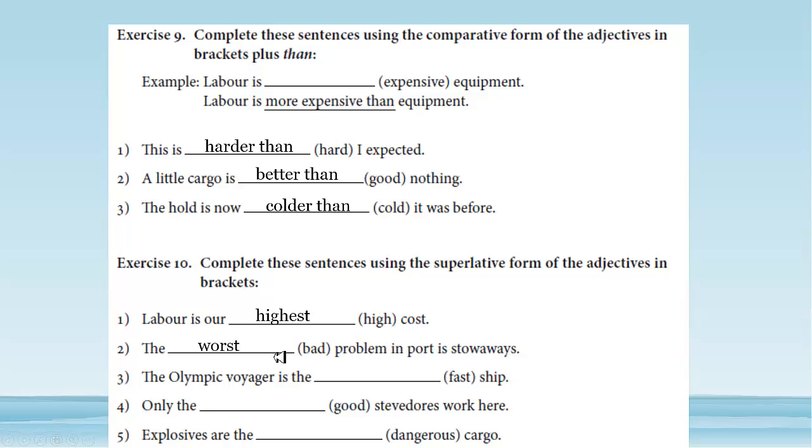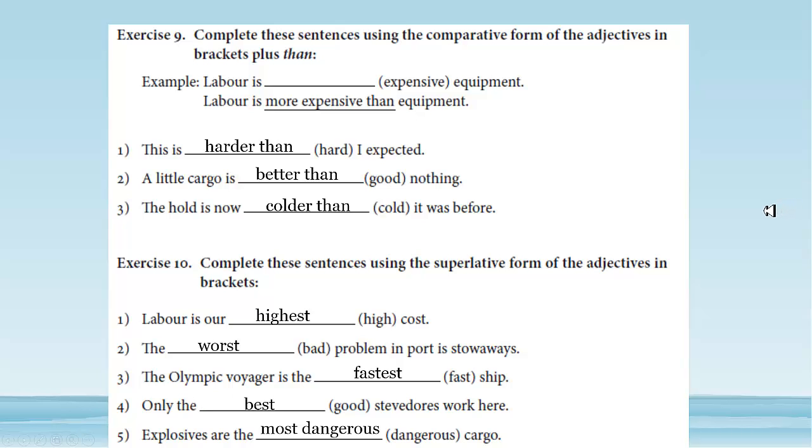The worst problem in port is stowaways for the superlative form. So the Olympic Voyager is the fastest. There we go. And again, good is irregular. Only the best, not the goodest, but the best stevedores work here. And explosives are the, we had this before, most dangerous cargo.